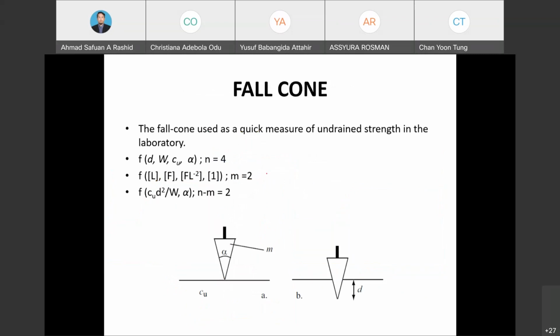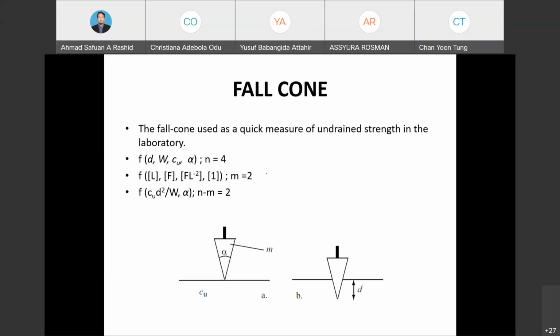Okay, so this is a method that has been proposed by Oxford scholars, Wood and Rowe. Actually, I used this approach when I did my master project.